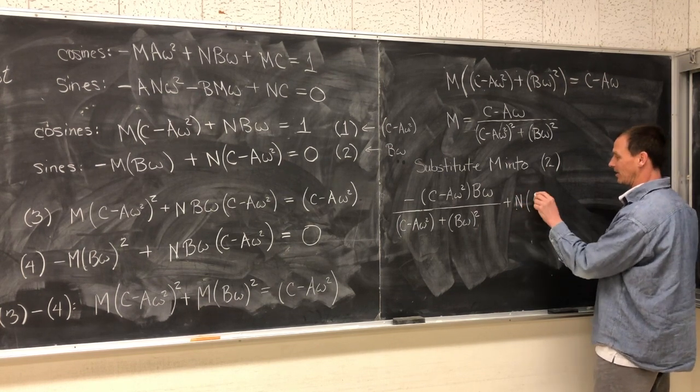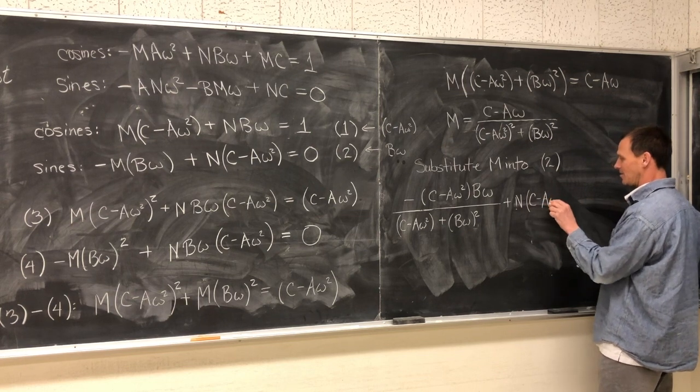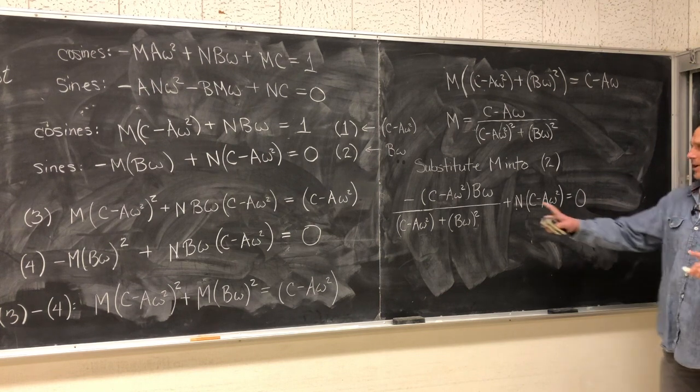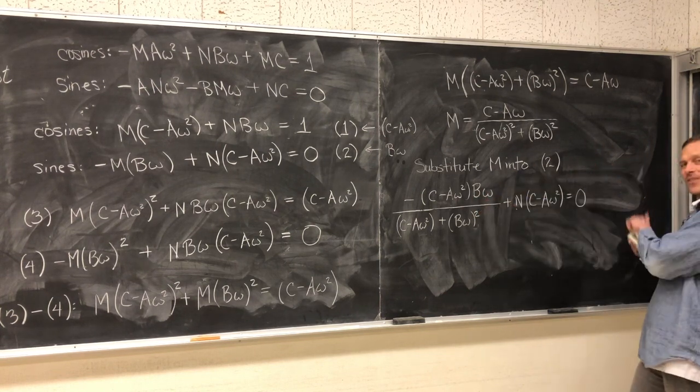This is going to work out nice. C minus a omega squared is 0. We're going to move this term over to the other side.